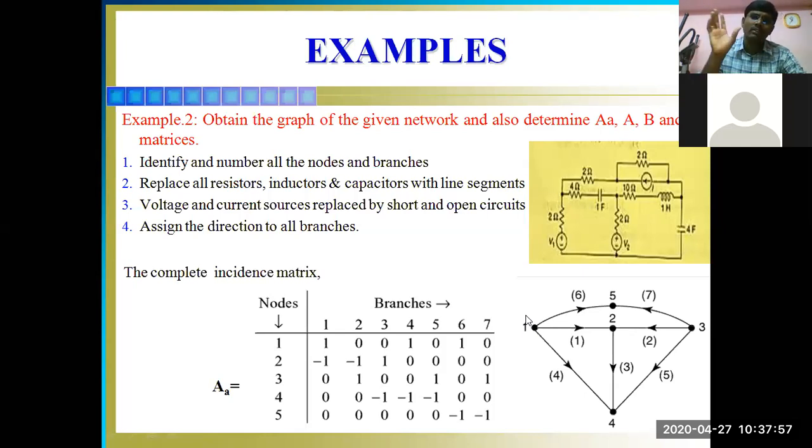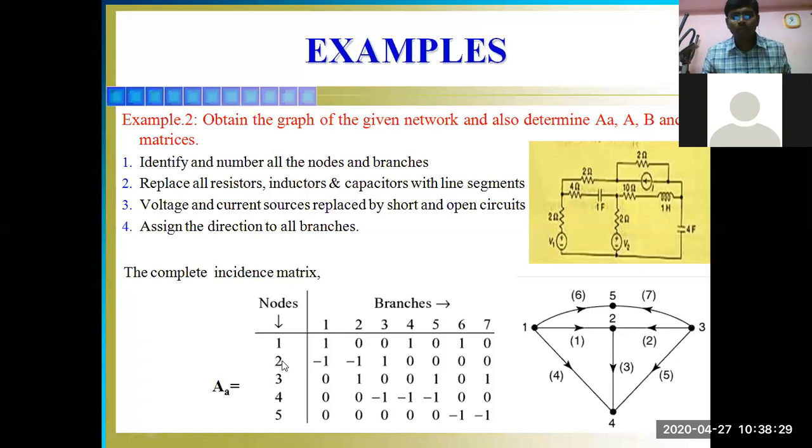If there is no connection, 0. So branch 1 is away from node 1, so 1. Branch 2 is not connected to 1, so 0. Branch 3 is not connected to 1, so 0. Branch 4 is away from 1, so plus 1. Branch 6 is also away from 1, so plus 1. Remaining all are zeros.